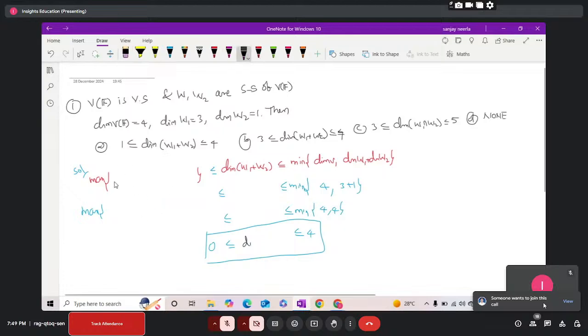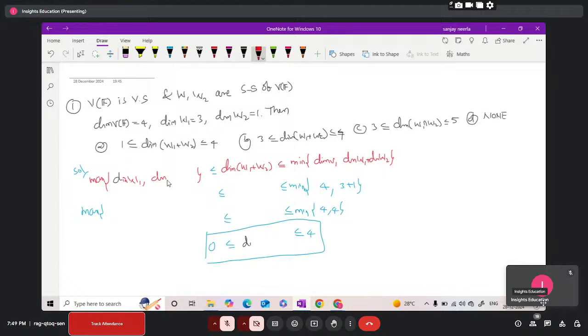Sorry, mistake. So maximum of the dimension of W1 and the dimension of W2. So this value is 3 comma 1. So we'll get only 3. So our answer is in between 3 to 4.